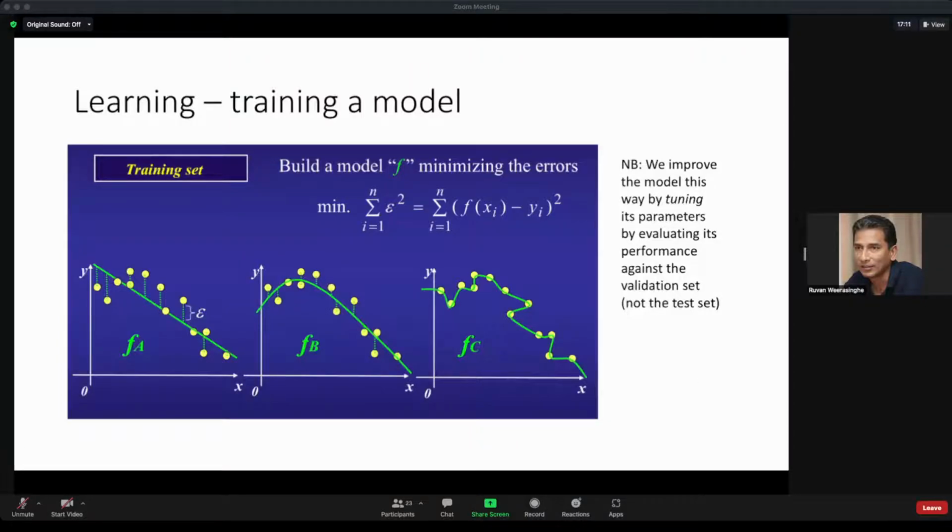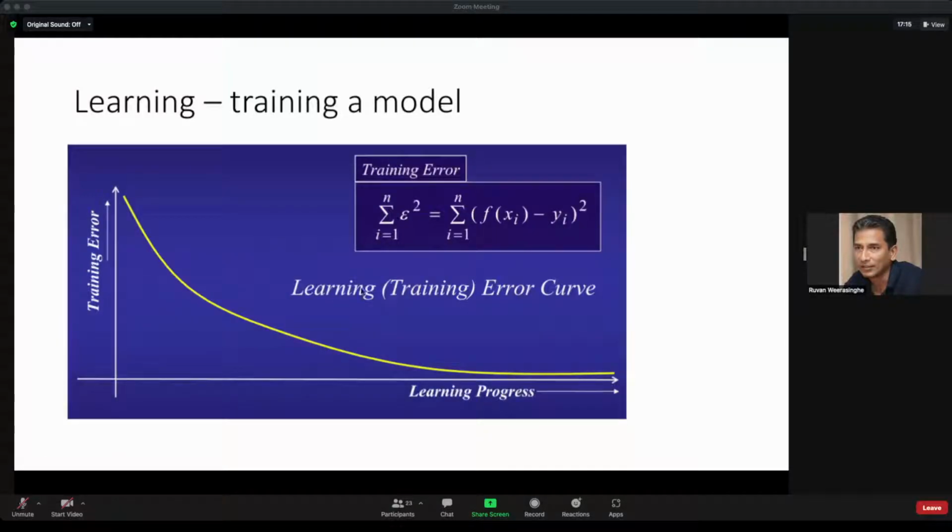But the big problem here is that this is the general behavior of these models, right? As the learning progresses, as we fit more and more complex models, the training error will come down.